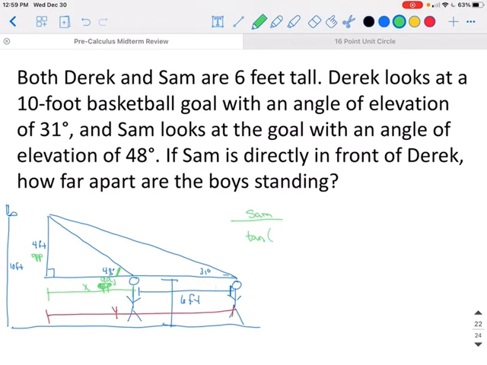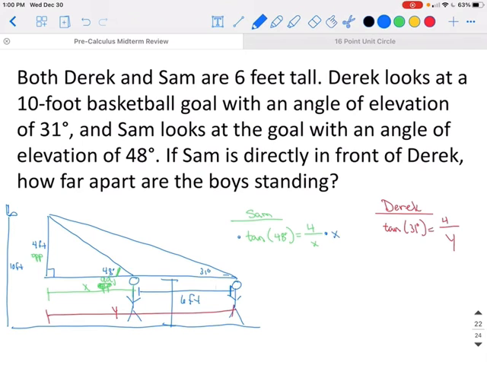So for Sam, I'm going to say the tangent of 48 degrees is equal to the opposite side over the adjacent side. And for Derek, the tangent of 31 degrees is equal to the opposite side over the adjacent side.